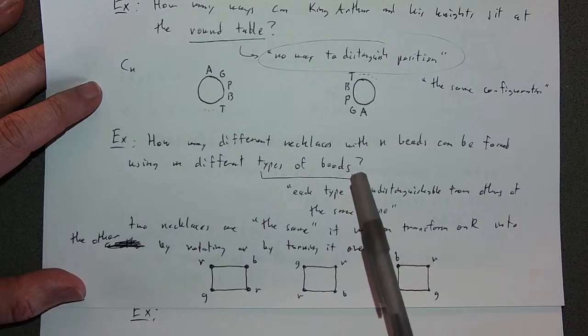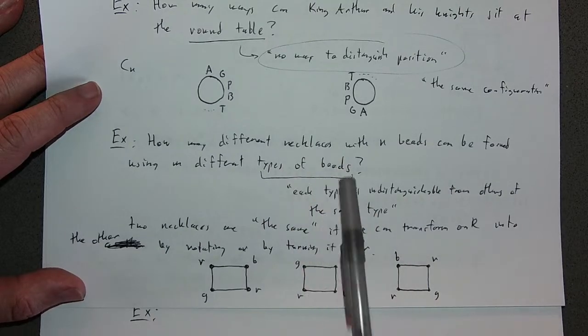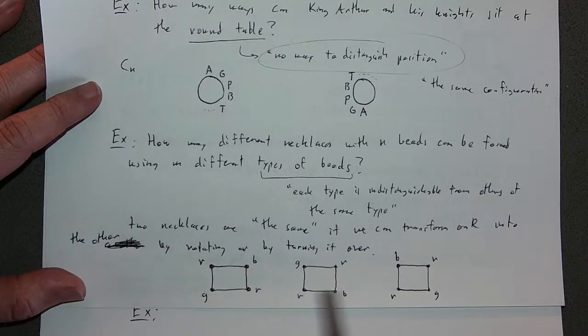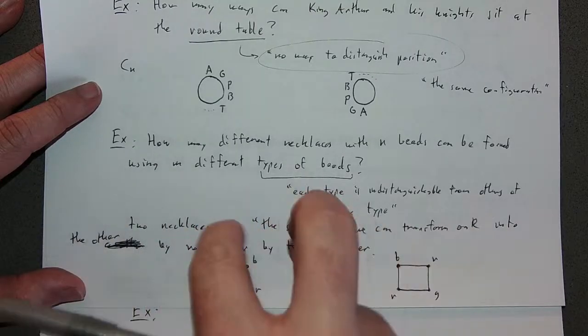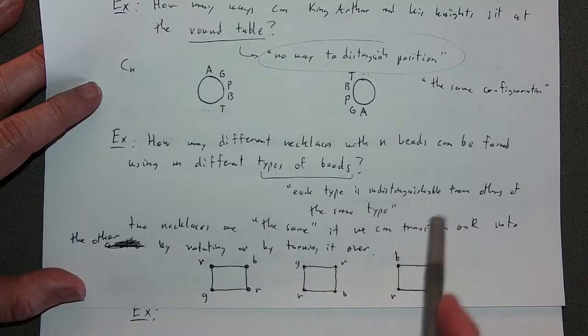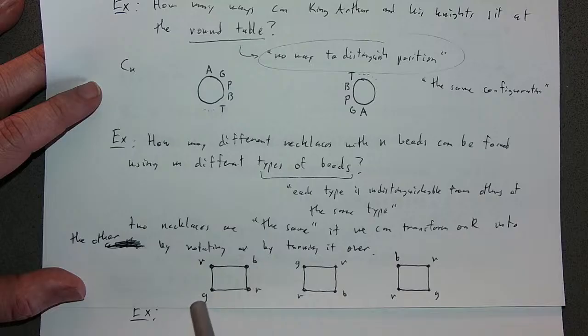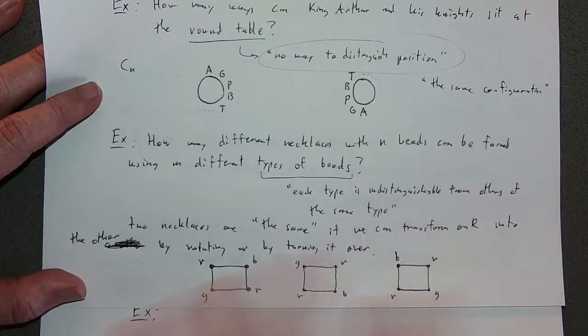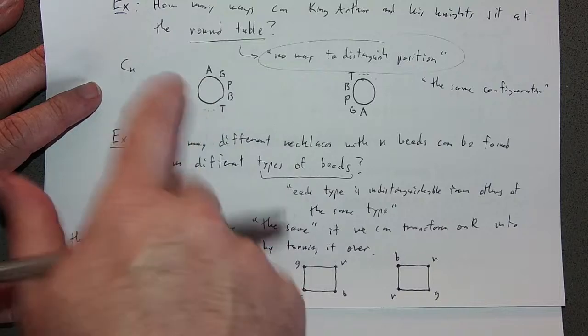Because while it is true that we do need to understand the rotational symmetries of this object, because we're allowed to rotate the objects, the beads are indistinguishable if they're the same bead type. So all green beads, all red beads are exactly the same. I think here, what did I do? Blue, green, and red. Yeah, so any bead of the same type is indistinguishable from any other bead of that type. So there's rotational symmetry, just like there was in the King Arthur situation.